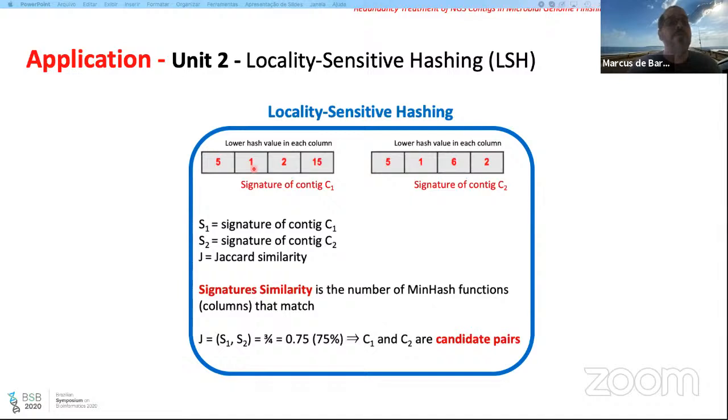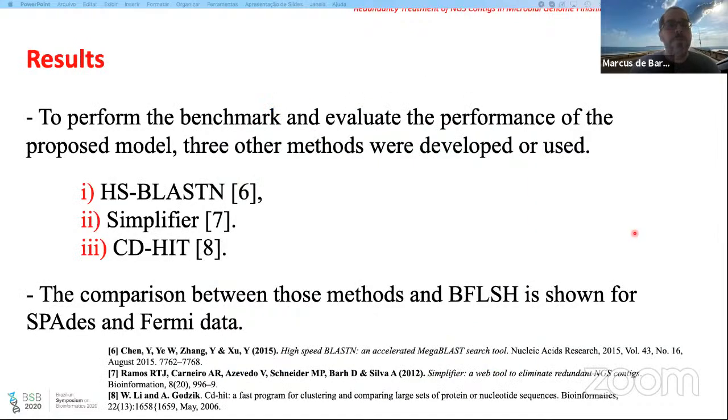We have 5, 1, 2, 15 and 5, 1, 6, 2. We have 3 in 4 values that match. So we have a similarity of 75% or 0.75 or 3 in 4. As we define 75% as a threshold for similarity, we can say that these 2 contigs are similar. This is the way we can perform the approximate string match in the application.